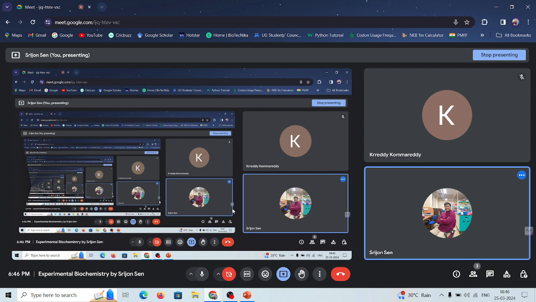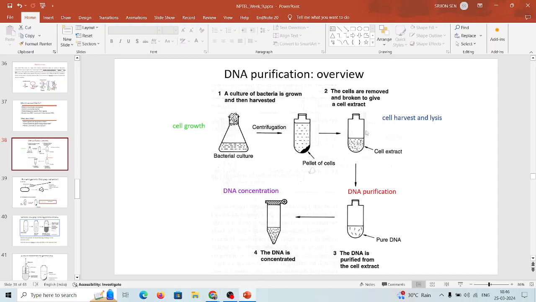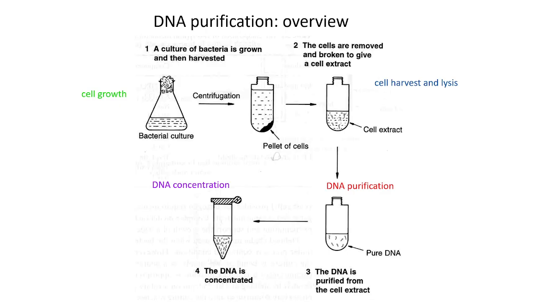Okay, so let us continue then. Next we will be studying the purification procedure. So how do we extract DNA? Firstly we grow a culture of bacteria and then we harvest it. How do we harvest it? By centrifugation. So we get a pellet of cells and we get a cell extract.